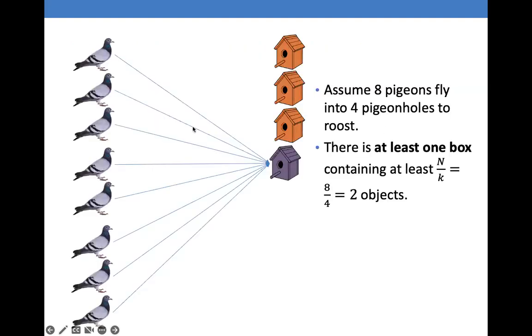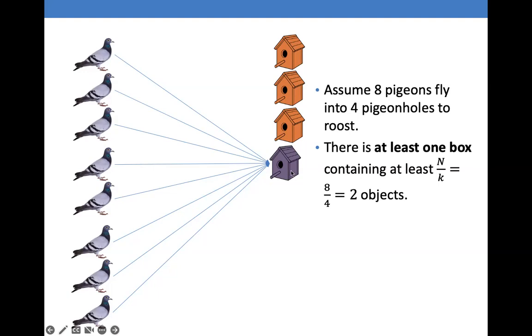Okay, so let us try to have an example. Assuming we have 8 pigeons here and we have 4 pigeonholes. By the generalized pigeonhole principle, at least one box will be containing at least n over k, which is equal to 8 pigeons divided by 4 pigeonholes, which is equivalent to 2 objects.